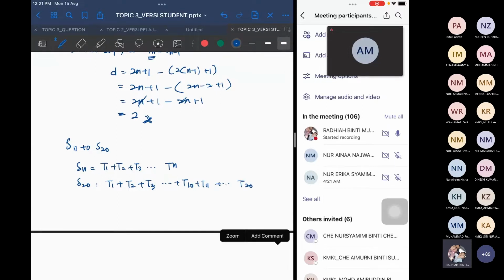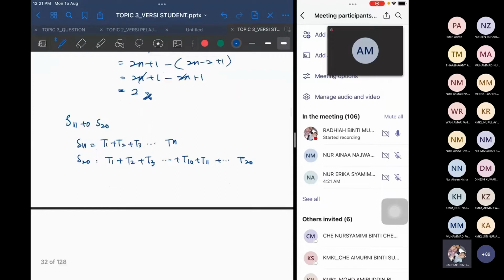So dia adalah S20. So sekarang ni kita nak 11 to 20. Awak nak nilai tu daripada 11 ke 20. Okay, so macam mana kita nak ni? Okay, so tadi saya kata kalau T1 plus sampai T20 tu dia adalah S20 kan. So yang warna merah ni adalah S20.